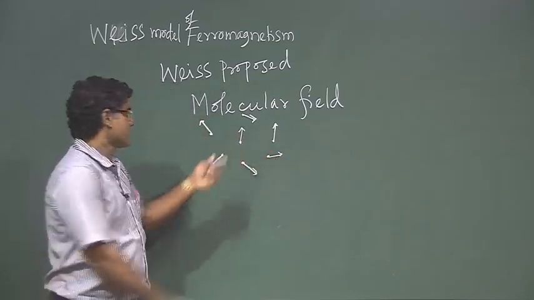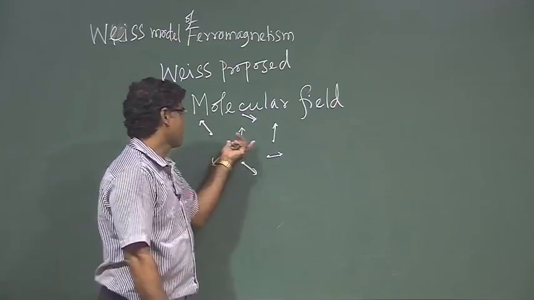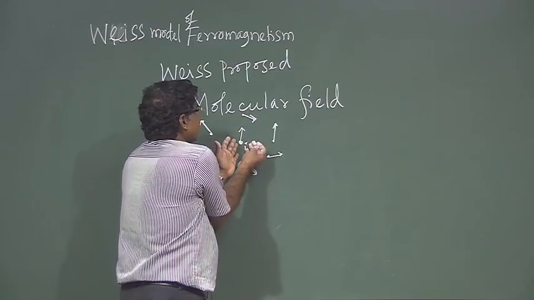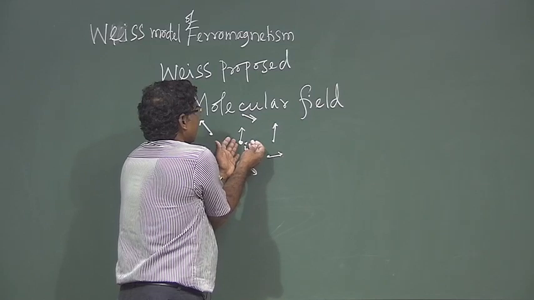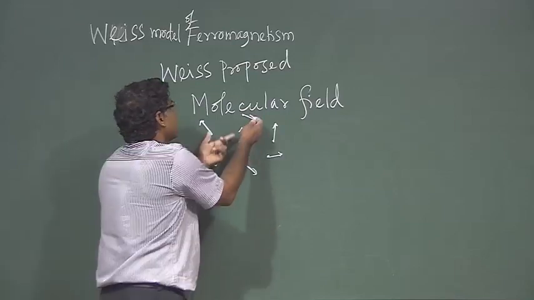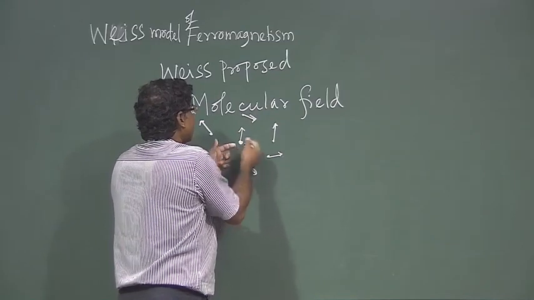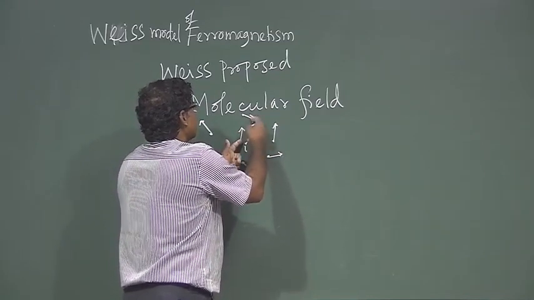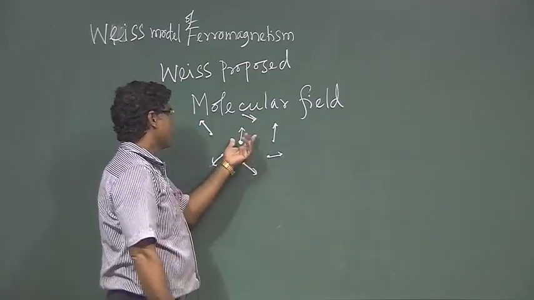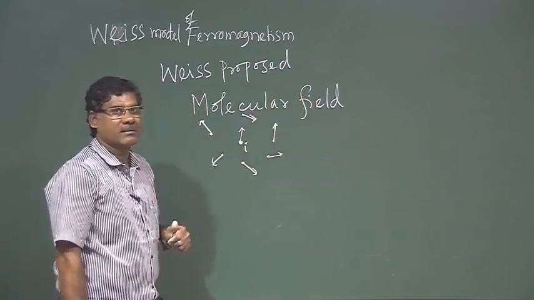So, what happens is, this one, say the ith spin or ith dipole moment, feels some magnetic field because of the other neighbors. So, one can say because of the interaction among the dipole moments. So, this is the origin of the molecular field.